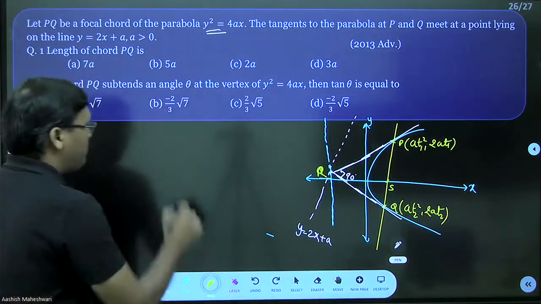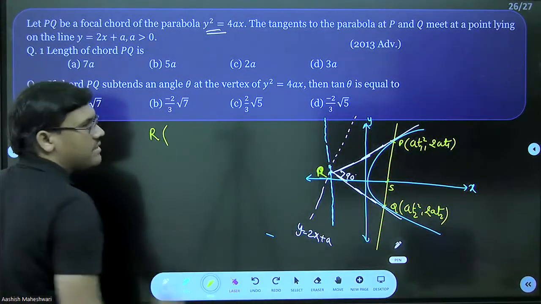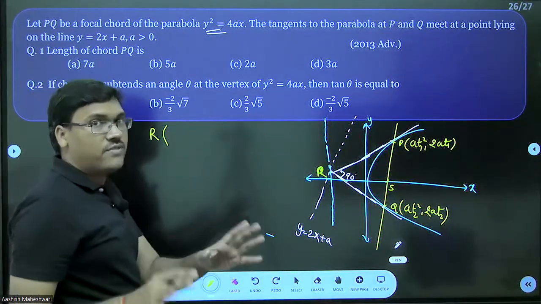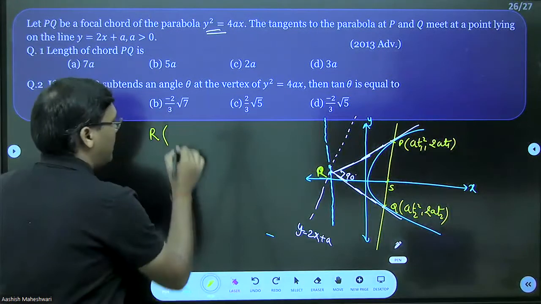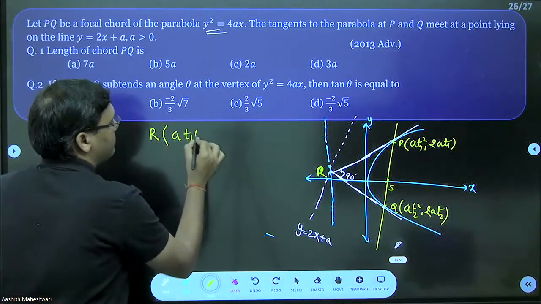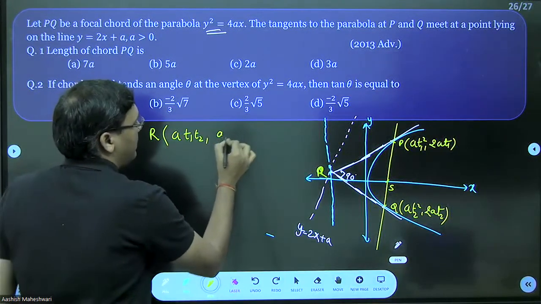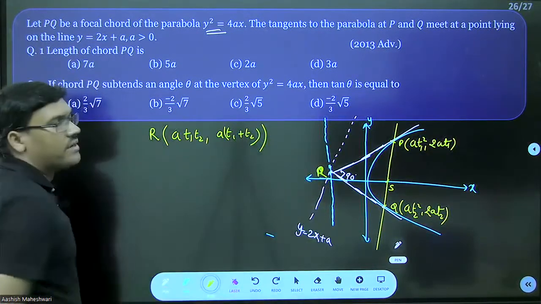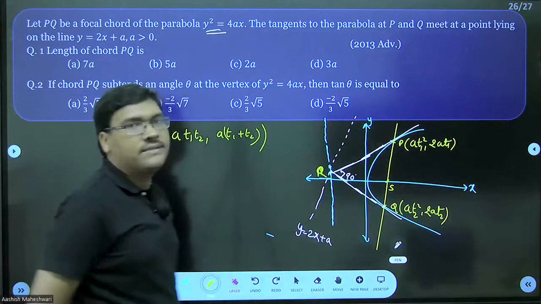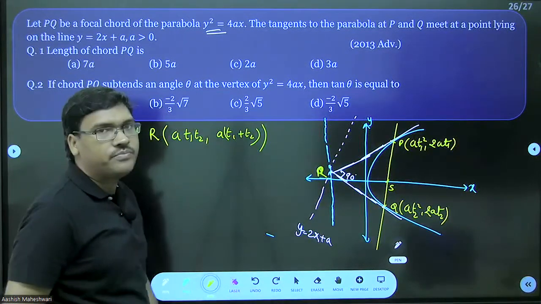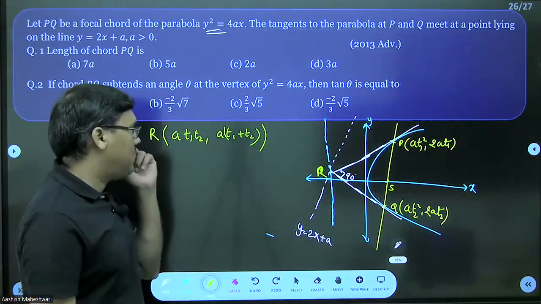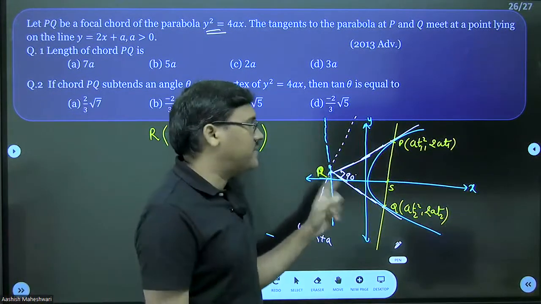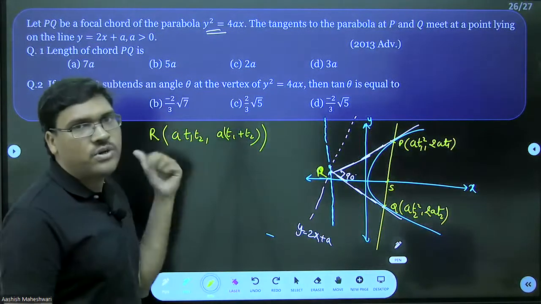Or otherwise, remember the point of intersection of tangents at t1 and t2 to the standard parabola y square equal to 4x. Again, it's very important. A little time will be saved, okay? It is (a t1 t2, a(t1 + t2)). This is how we can write the point of intersection of tangents at points P and Q. Now you can either solve and check the point of intersection of tangents, or otherwise you should remember this point of intersection.